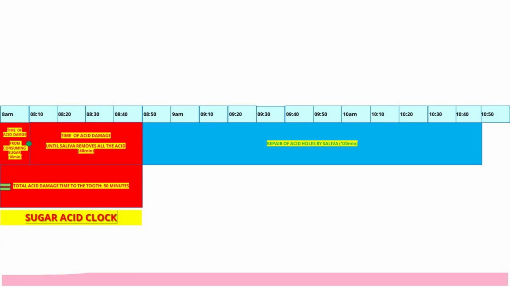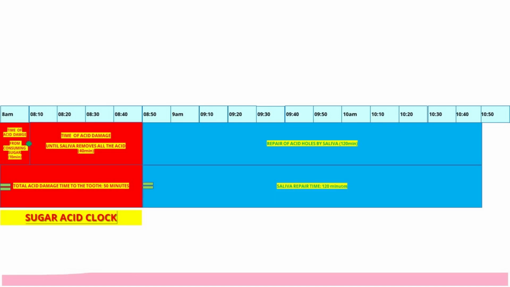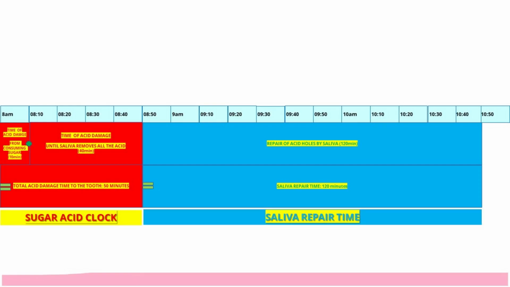What is the saliva repair time? The saliva repair time is the time taken for the repair of these acid holes, the acid damage, by the saliva, and it's a fixed time of 120 minutes.